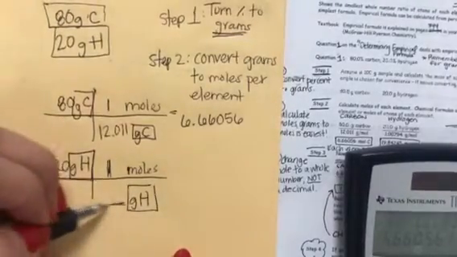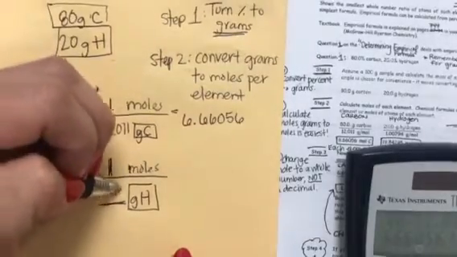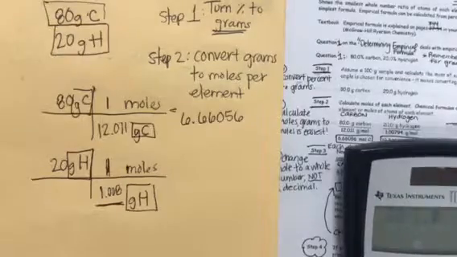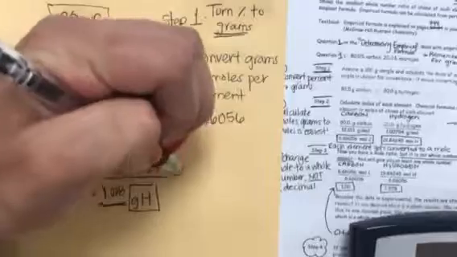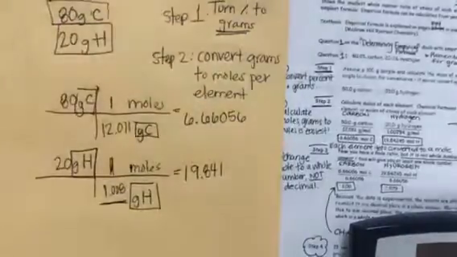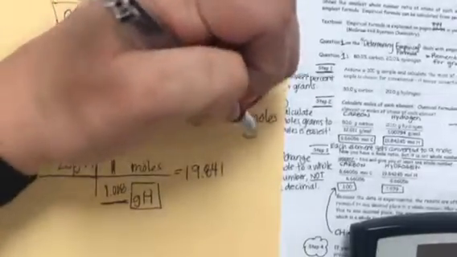And to find the grams of hydrogen, it's on the periodic table. So this is top to bottom. Do I multiply or divide? After I divide, I got... Okay, so these are my moles. This is my moles of carbon, and this is my moles of hydrogen.